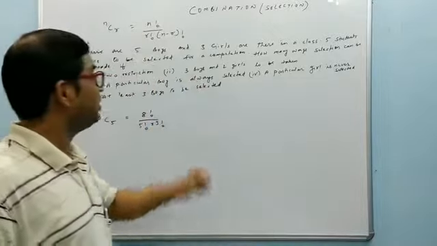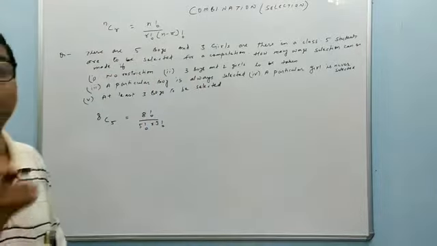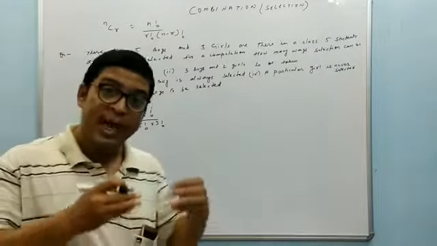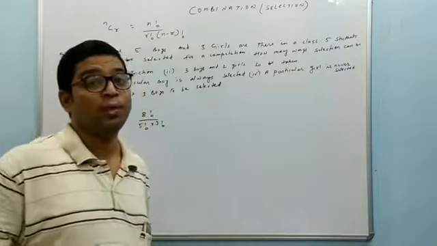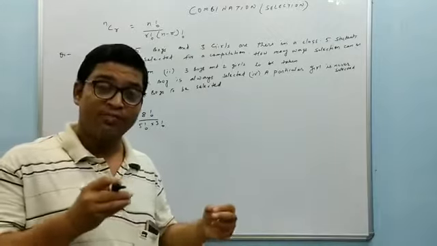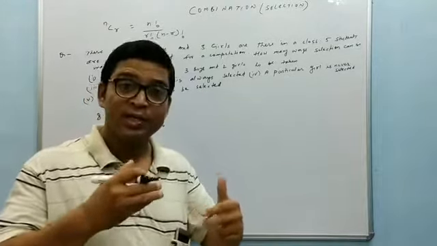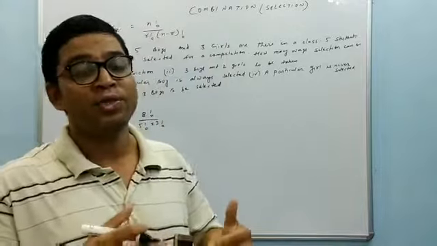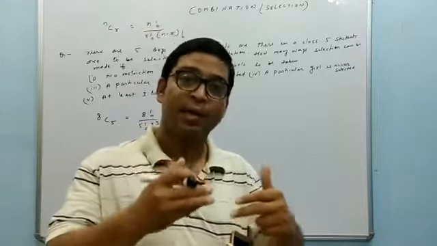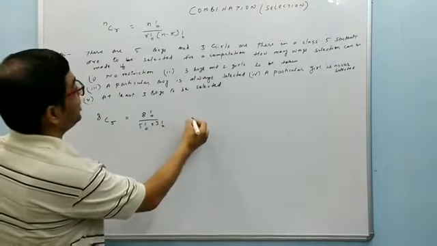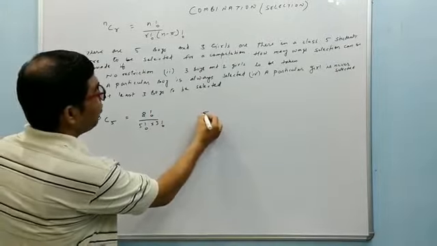In the second question, 3 boys and 2 girls are to be taken. What combination is there? 3 boys and means into. I said to you in the basic fundamental principle of counting that whenever the work is going on, we just multiply. Suppose in this question, I have to find 3 boys. How many boys are there? 5.